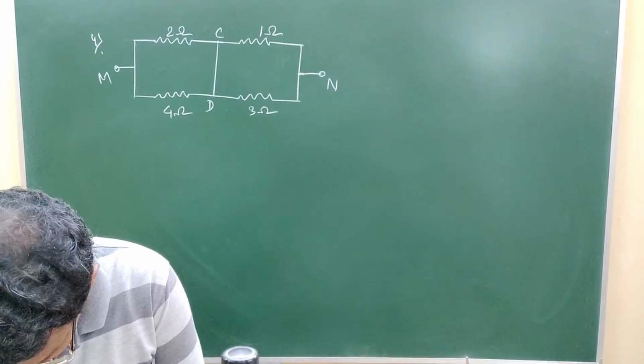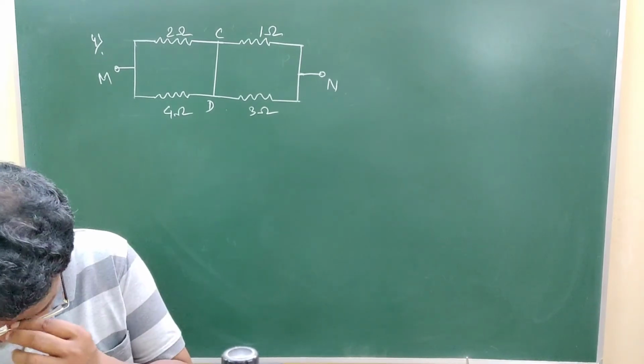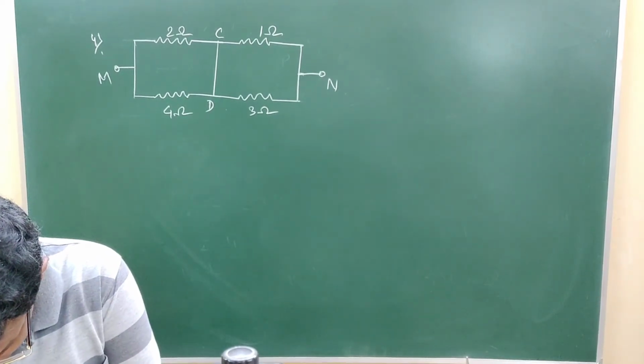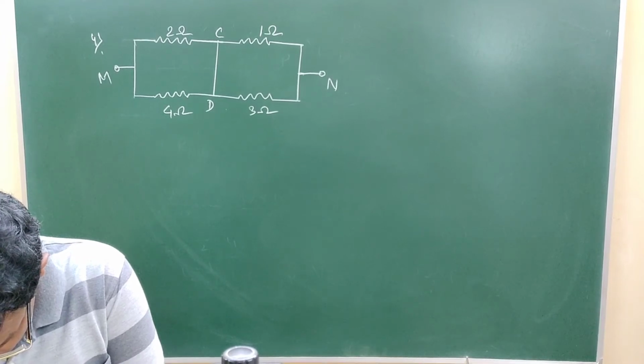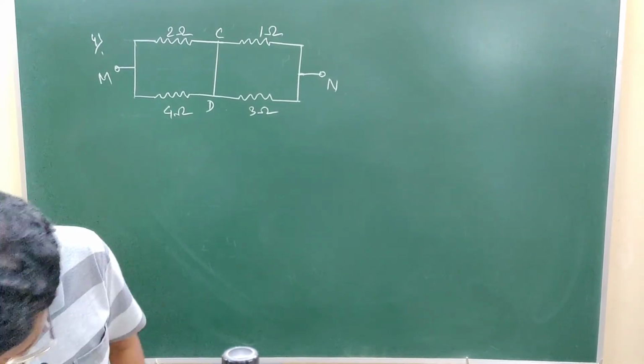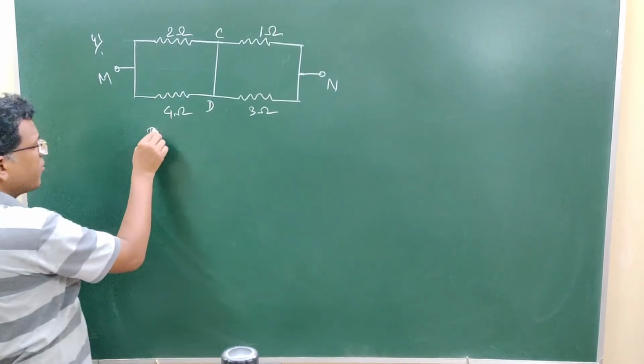Well, so see here it is given that Vmn is 25 volt.